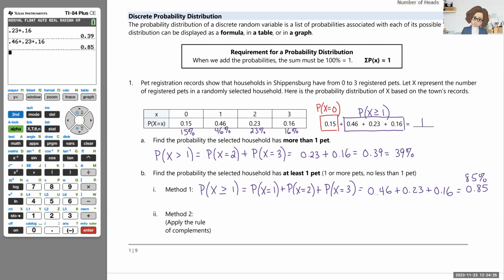So I know that when I add the probability of an event plus the probability of its complement, I have to get 1. So this allows me to find the probability of X greater than or equal to 1 using the rule of complements. So if I want to know my purple value here, I can do 1 minus my red value there. So I can do 1 minus the probability that X equals 0.